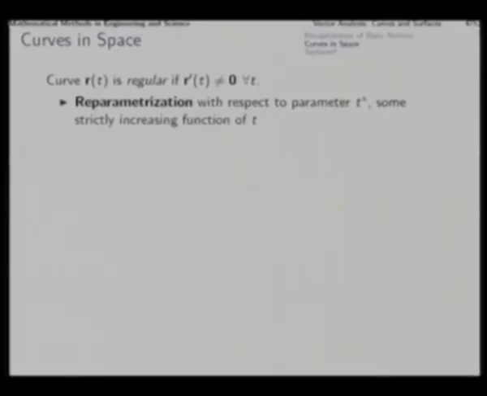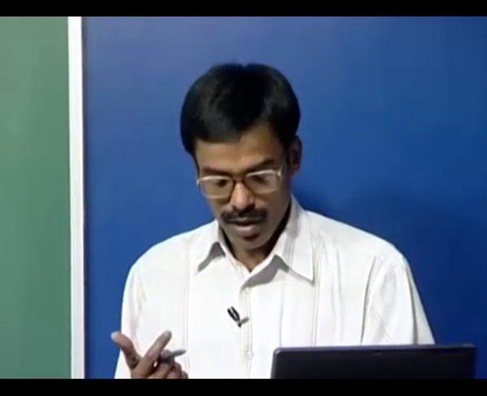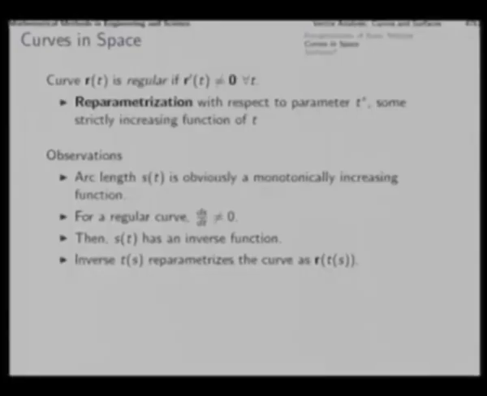In such situations you can effect a reparameterization of the same curve with respect to some other parameter, say t star, which must be a strictly increasing function of the current parameter, which is t.